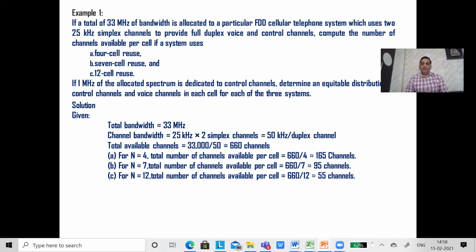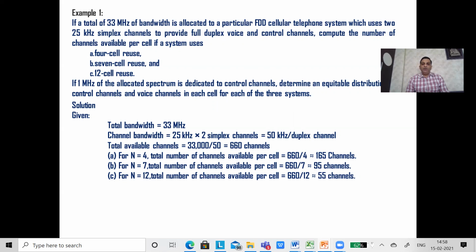So this division will give 660 channels, which you can call the total available channels for the given specifications for cellular system designing. Now come back to the different systems which are mentioned here.